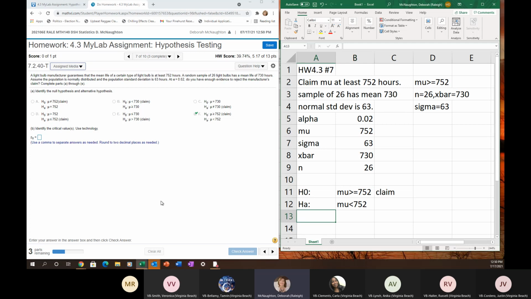Okay, and then when it asks for the critical value, we set the probability equal to the alpha level. So whenever it asks you this, and they call it Z naught, this is always based on the alpha level. So the critical value is the Z score or Z value for alpha.